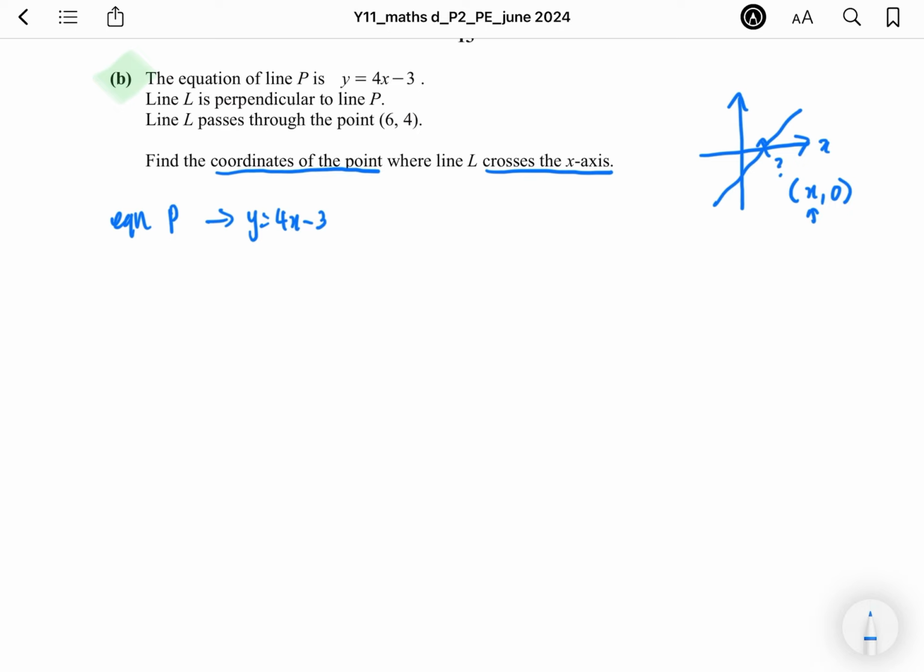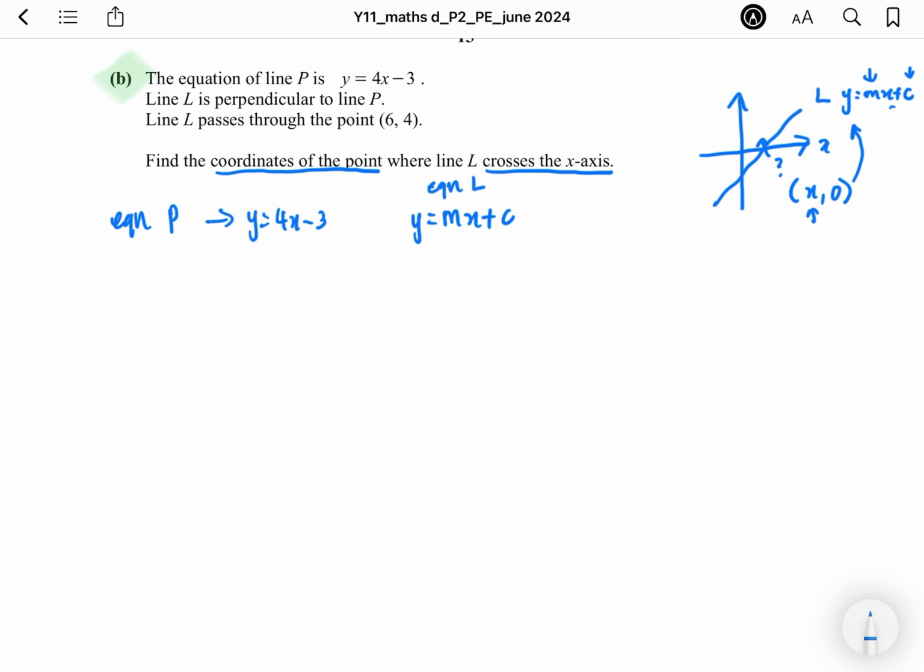So this is line L. If we can get the equation of line L, we can substitute y equal to 0, and from there find x. But that also means that we need to find the value of M and C. So first, we need to find the equation of L.